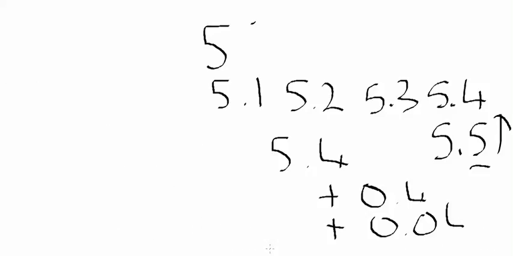Now there's three main ways in which they put these questions to you in the exam. One is just to ask you the least and greatest of a particular value, and that's fairly straightforward.